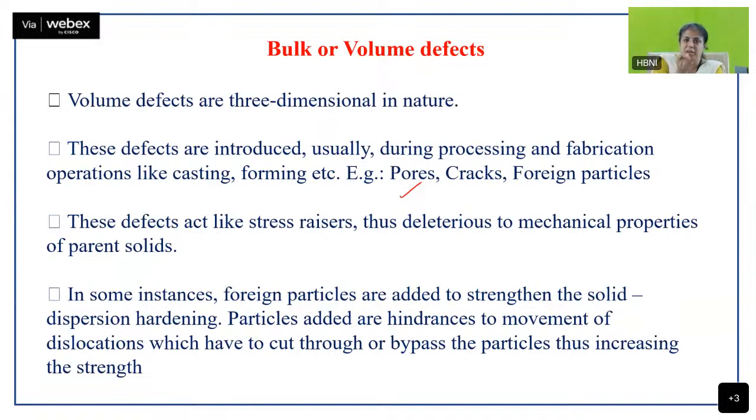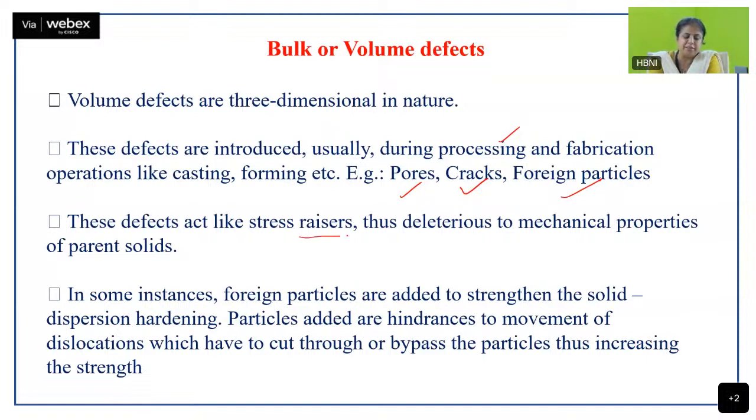It is rather an empty space that is there in the morphology of your material, not in the crystal structure of your material. Okay, then cracks, foreign particles which have come into your material, all these are called bulk or volume defects, and they are introduced usually during the processing and fabrication operation.